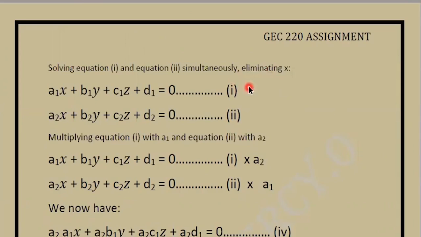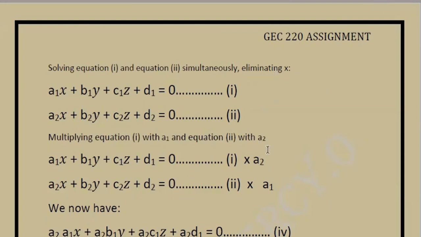This may look like a long process, you know. Multiplying equation 1 with a1 and equation 2 with a2. So now we are in the process of eliminating x, and in eliminating x, we multiply equation 1 with a1 and equation 2 with a2.